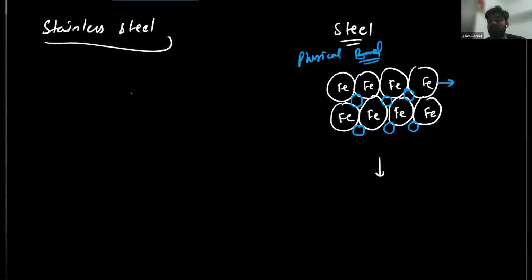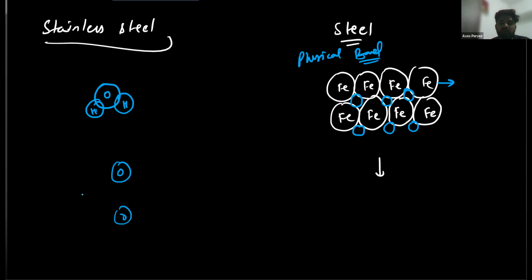But what is actually happening in a compound? In a compound, take the water molecule: an oxygen atom and hydrogen atoms combine together. They are not filling the space. Don't think that hydrogen atoms come in between oxygen atoms. No, it is not like that.